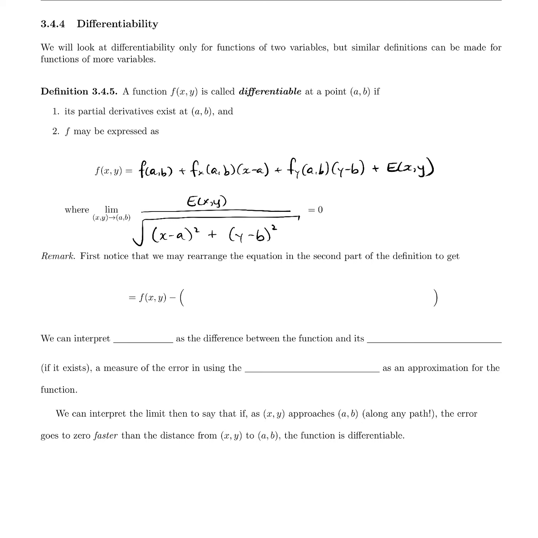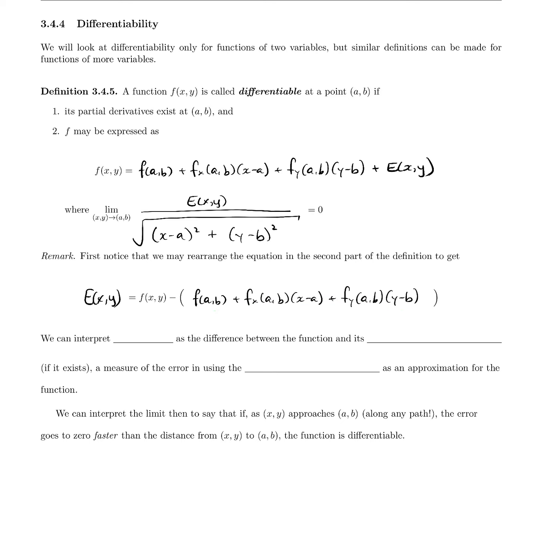So how can we make good sense of this? Well, the first thing to do is to notice that we can rearrange this equation up here, and if we solve for e of x, y, if we send everything in front of e of x, y to the other side, then we can solve and get e of x, y is equal to f of x, y minus this.